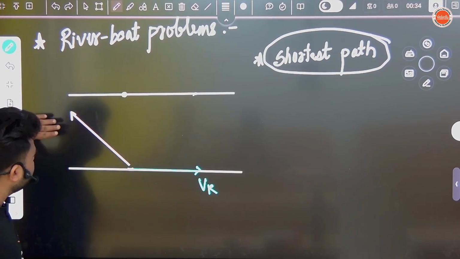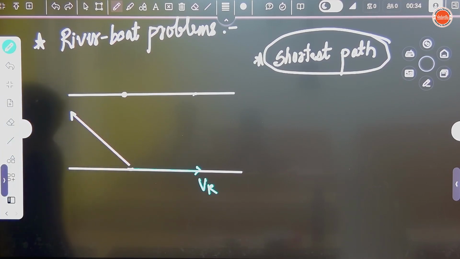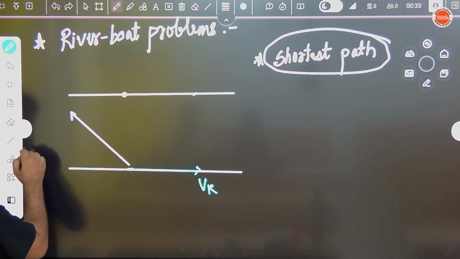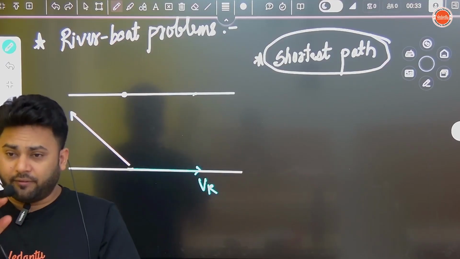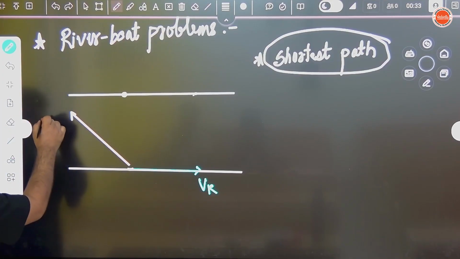Correct. Now if the river water tilts him, it will be straight. You feel now? So wherever you are trying to swim, you have to swim in this direction. This is called velocity.